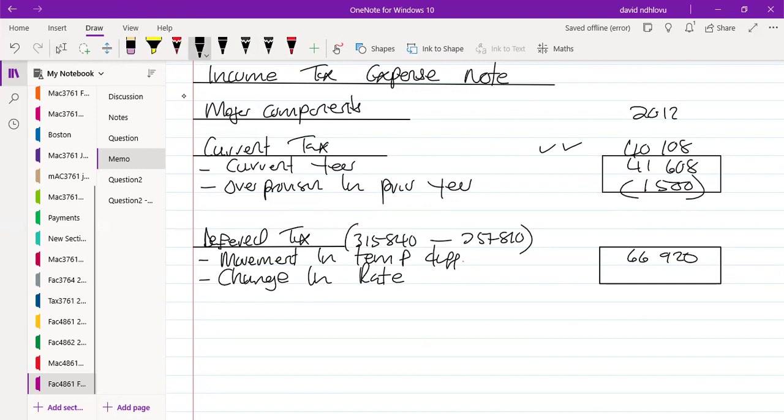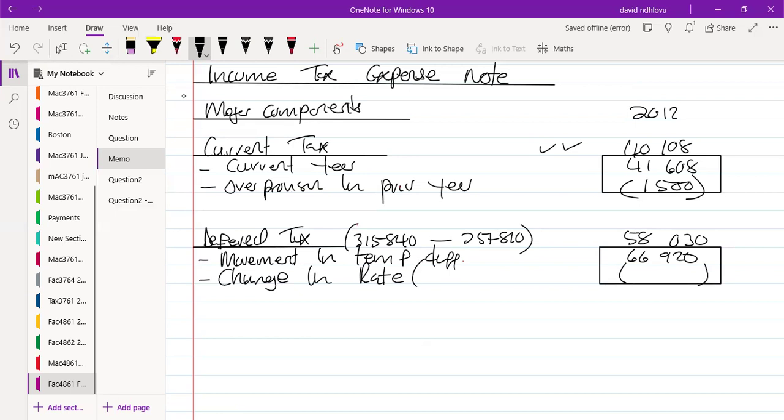Right, then we get an amount of 58,030. So 315,840 minus 257,810. So we are saying that the movement overall in deferred tax, taking into account current operations for the year and the change in rate, gives you that amount.